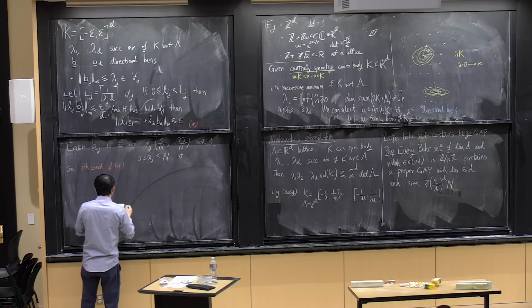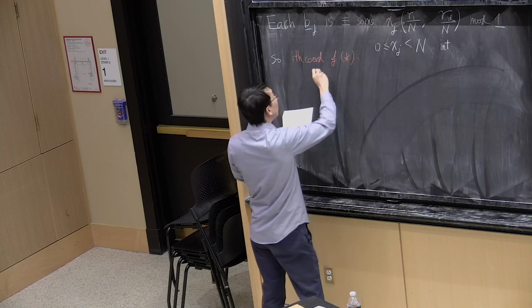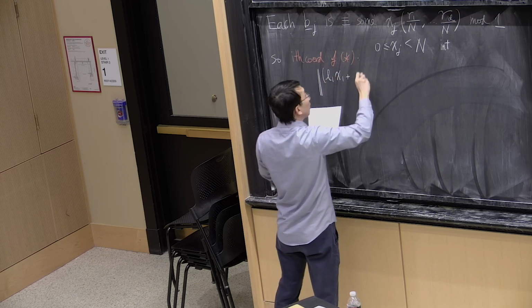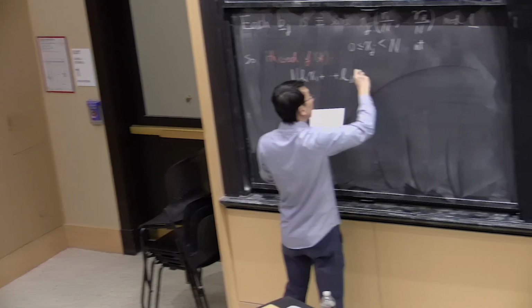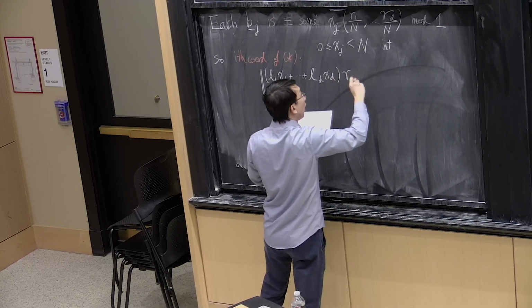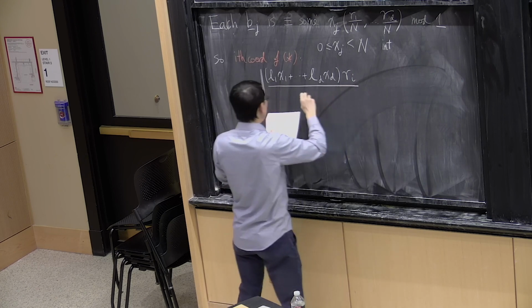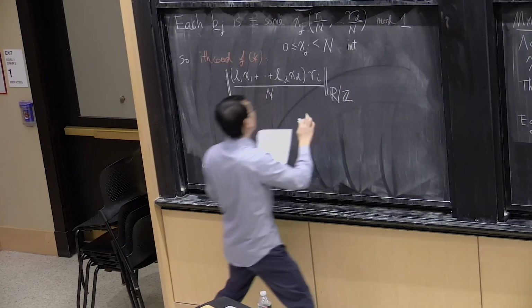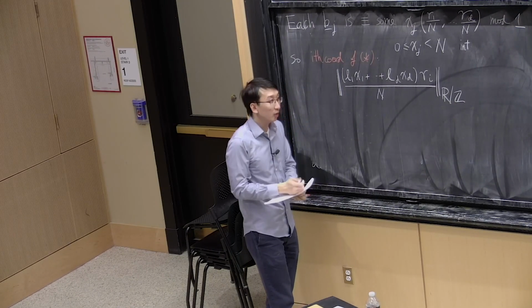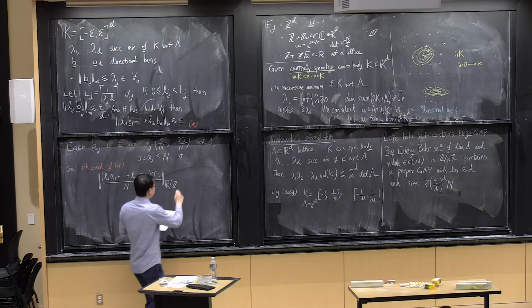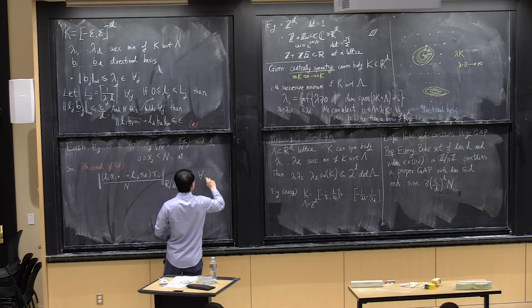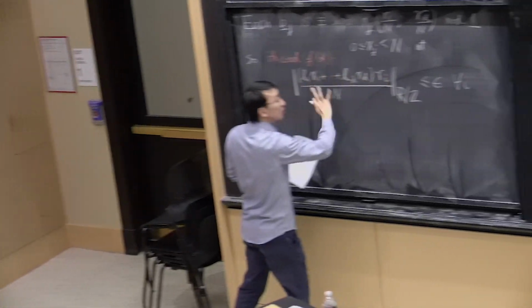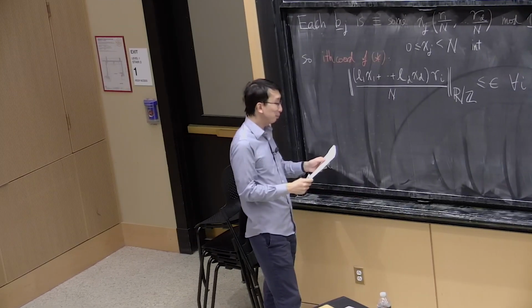So the ith coordinate bound implies that if you look at this sum over here times R_i divided by n, this quantity is very close to an integer for each i. Okay, so the ith coordinate implies this inequality, and it's true for every i.